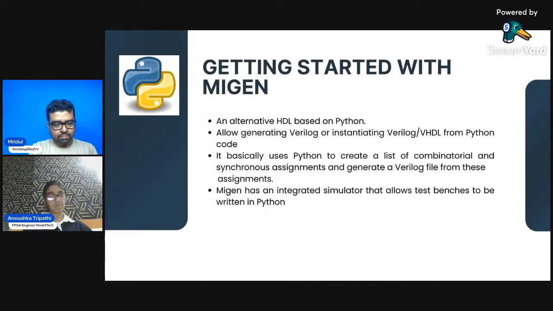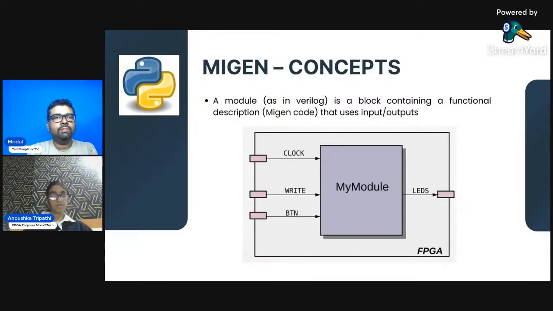It basically uses Python to create a list of combinational and synchronous assignments and generates a Verilog file from these assignments. Migen also has an integrated SoC simulator that allows test benches to be written in Python. A module is a block containing a functional description that uses inputs and outputs.